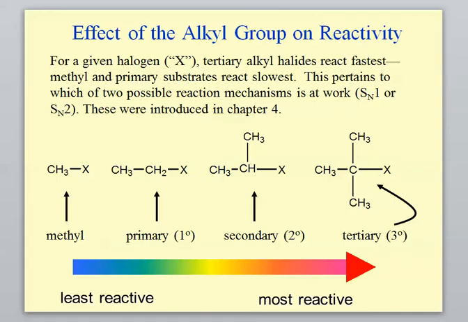Another big deal when it comes to speed of reaction is the type of alkyl group you have on the alkyl halide. And these terms here, primary, secondary, tertiary, that goes back to earlier chapters in the book. That was a big deal when we talked about such things in chapter 4, and at the time we were comparing alcohols in terms of them being primary, secondary, tertiary.